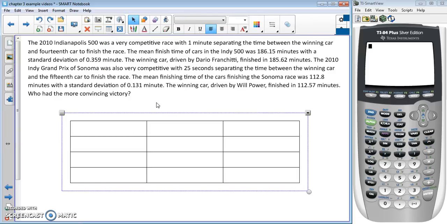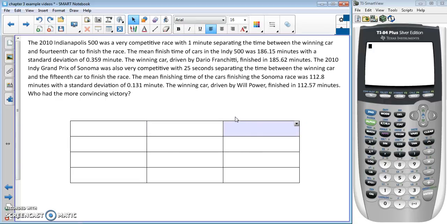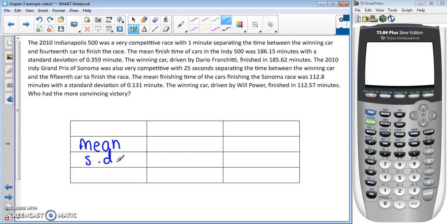So I'm going to put a table here again, and write down some important information here. We have a couple of things going on. We have our mean, and then our standard deviation, and then the winning car. And then we have, like I said, the Indy 500 and the Grand Prix.